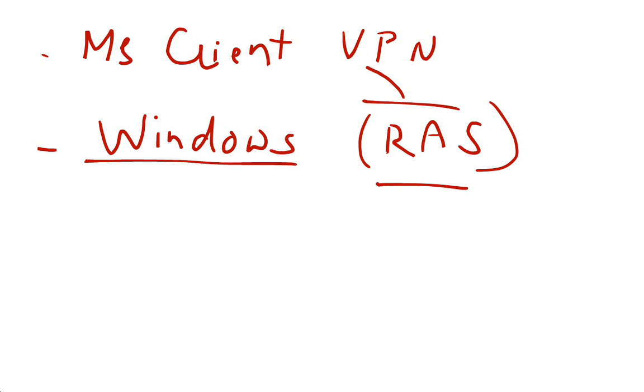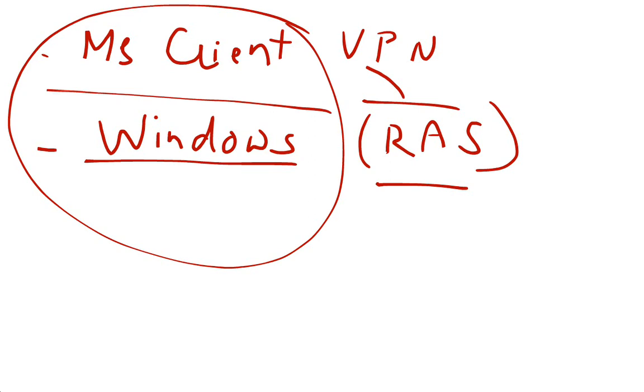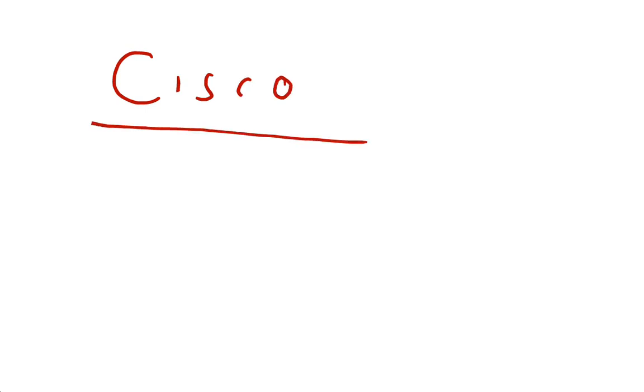So if we are in the Microsoft environment, there are chances that we would be using the Microsoft VPN. But there are other companies which also provide VPN services, in a more secure way. For example, Cisco is a very big name in network security and in providing VPNs.